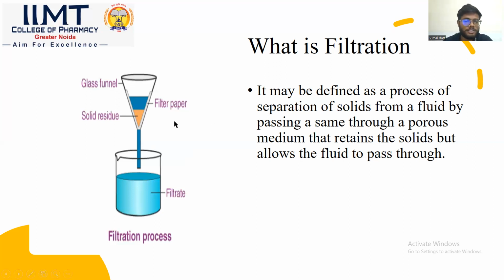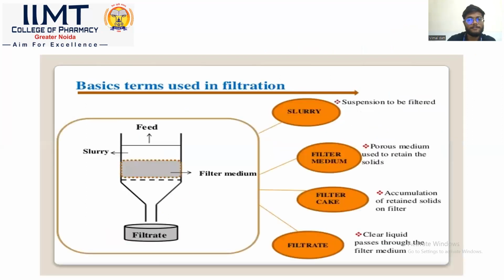So it is a basic assembly. It is commonly used in our laboratory on small scales, and this process is also used for domestic purposes, such as separation of any solid from a mixture, like separation of paneer from the milk.